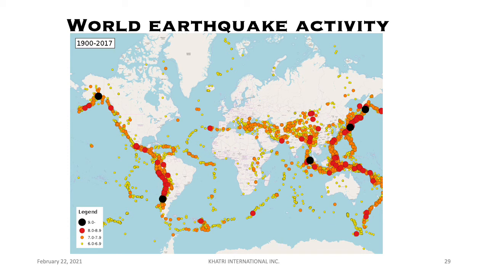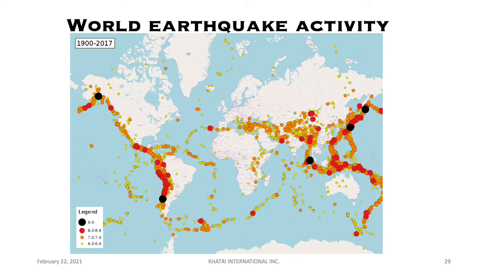To give you a perspective, this is a world map showing earthquake activity across the global scale. The area that California is, which is on what's called the Ring of Fire, which circles the Pacific Ocean. The Pacific Ocean here is kind of in between the 2 sides of the paper.